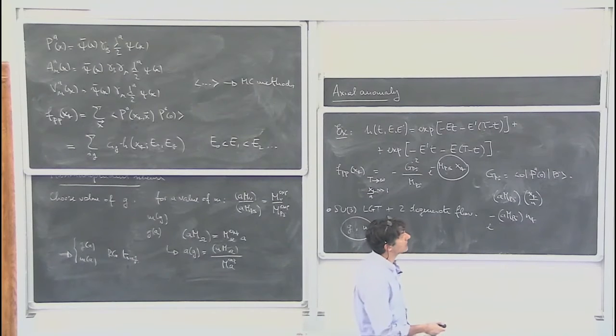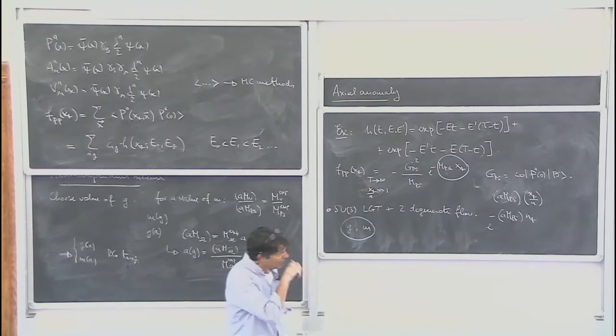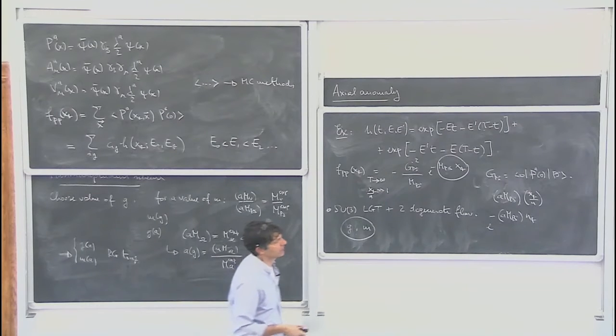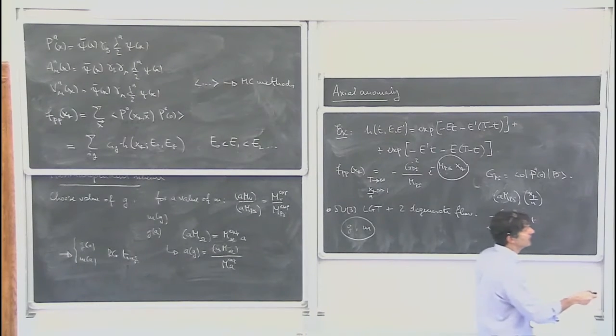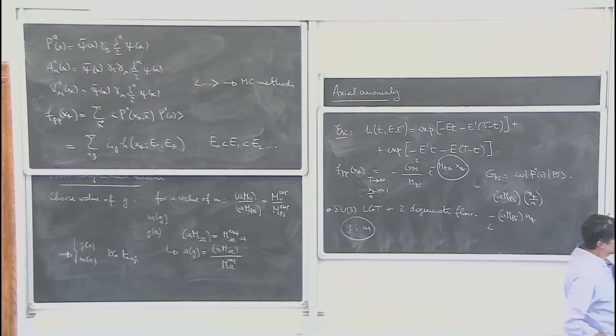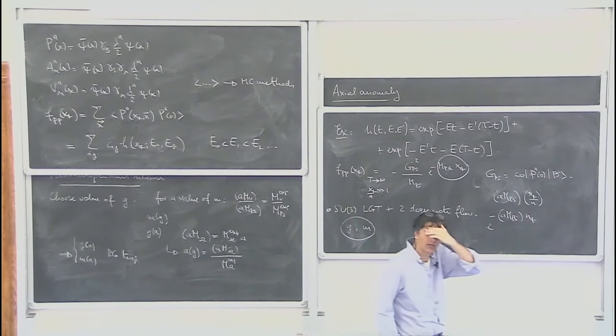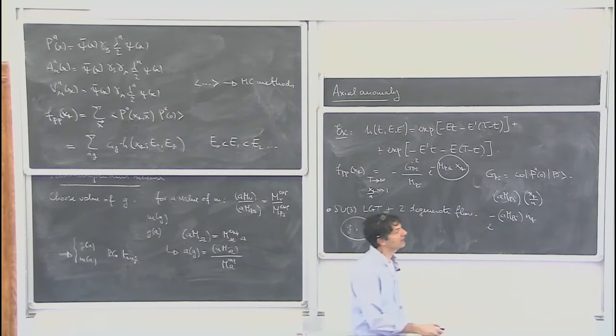Okay, so these are RG flows as we discussed. So we have a fixed point at the origin. This is the Gaussian fixed point. This is the ultraviolet fixed point for an asymptotically free theory.